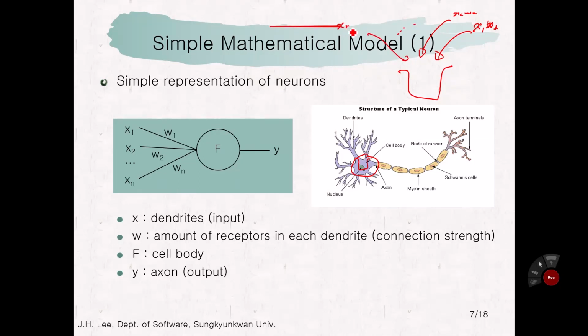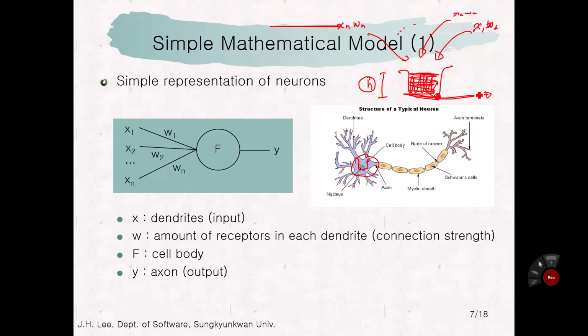And xnwn. If the signal is coming through into the neuron, then the signal accumulates in some kind of bucket, right? And then I said, if the amount of signal reaches some threshold, then here is a gate or door that opens, and then all the signals will go out, right?